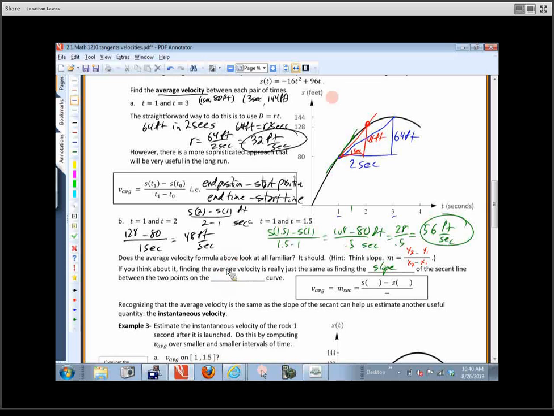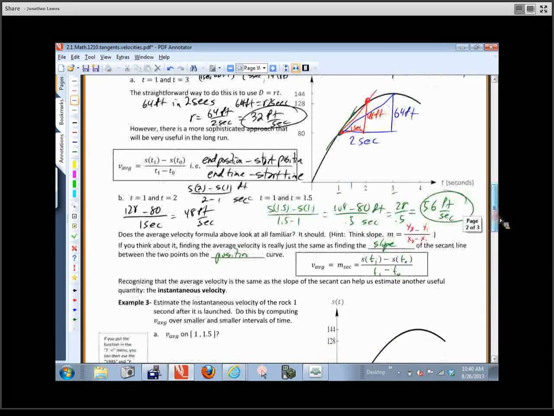I do make a big deal about this: this is a position curve. So again, just to restate, average velocity is s of t1 minus s of t0, where it was to end with minus where it was to start with, over t1 minus t0, just to emphasize.